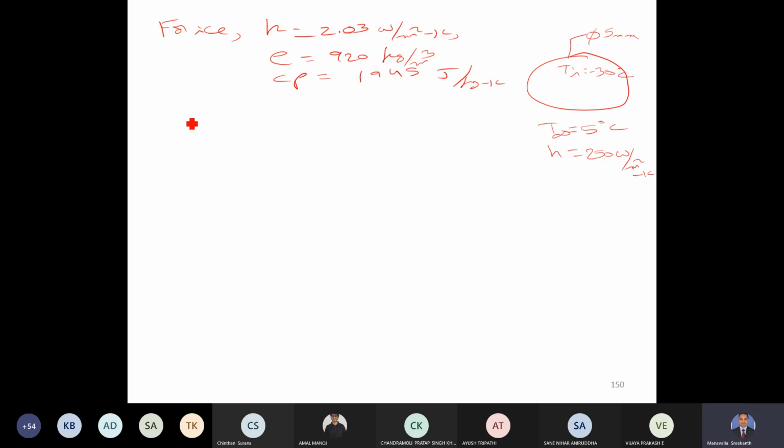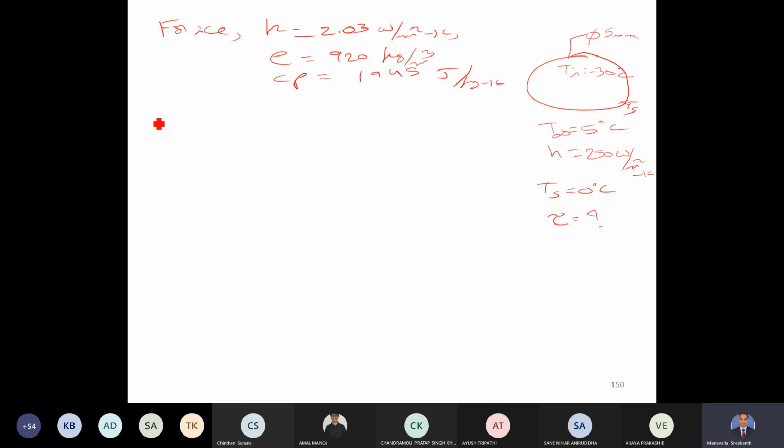All right. So now let us calculate the Biot number first. As always, the first step is to calculate the Biot number. Ultimately, what we want is the surface temperature Ts, which is supposed to be 0 degrees Celsius. For that, what is the time? That's the question asked, isn't it? So we'll have to work towards that.